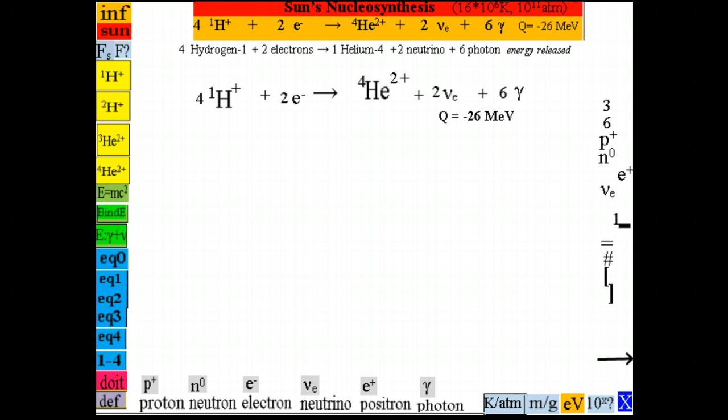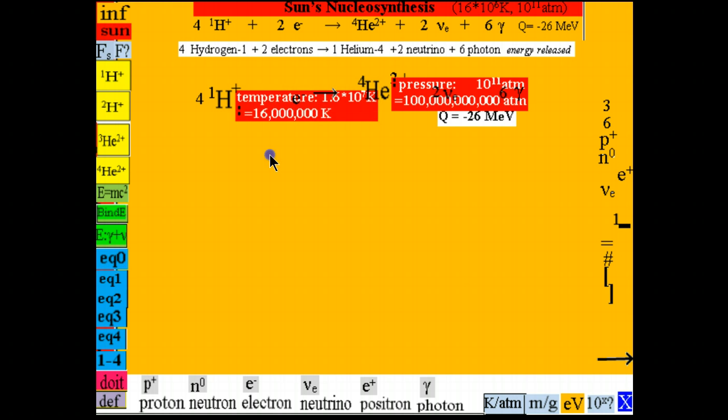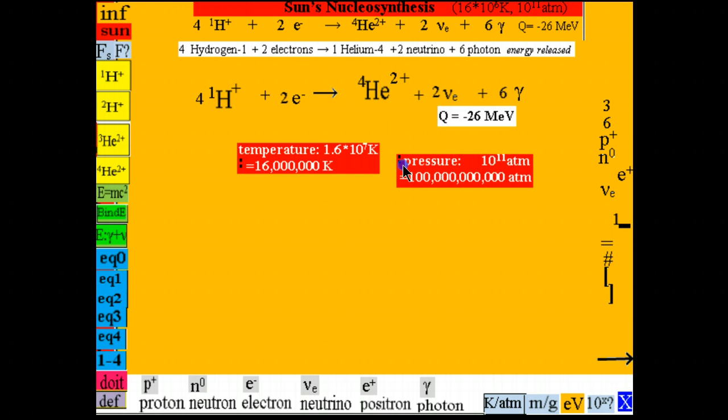This reaction, nuclear reaction, happens in the core of the sun, where the temperature is very, very high. Just to show that, here we double left click on Sun, and this is essentially the conditions which you have.